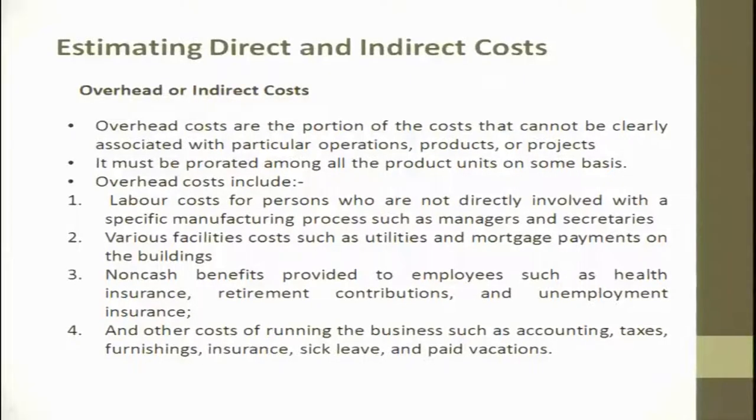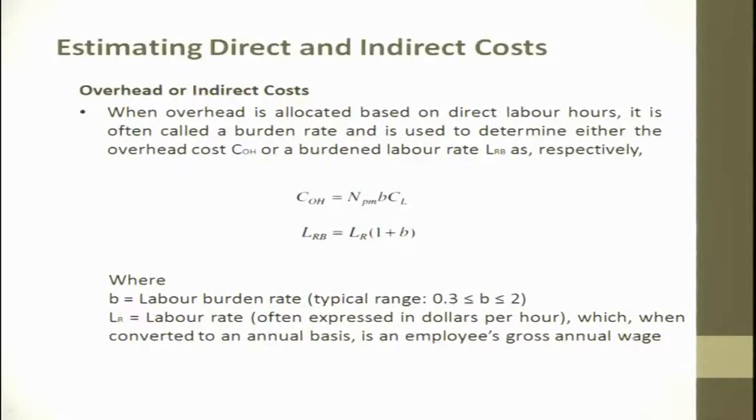Overhead cost includes labor cost for persons who are not directly involved with a specific manufacturing process, such as manager and secretary, various facility costs such as utilities and mortgage payments, non-cash benefits provided to employees such as health insurance, retirement contribution, unemployment insurance, and any other cost of running the business such as accounting, taxes, furnishing, insurance, sick leaves, paid vacations, etc. All these things fall under indirect cost.